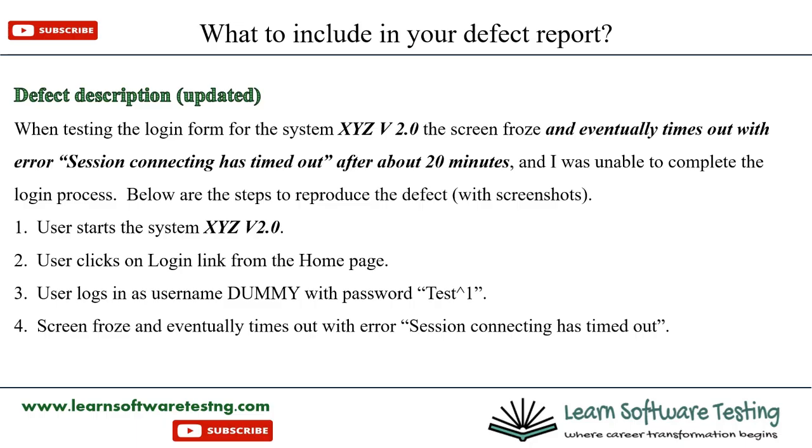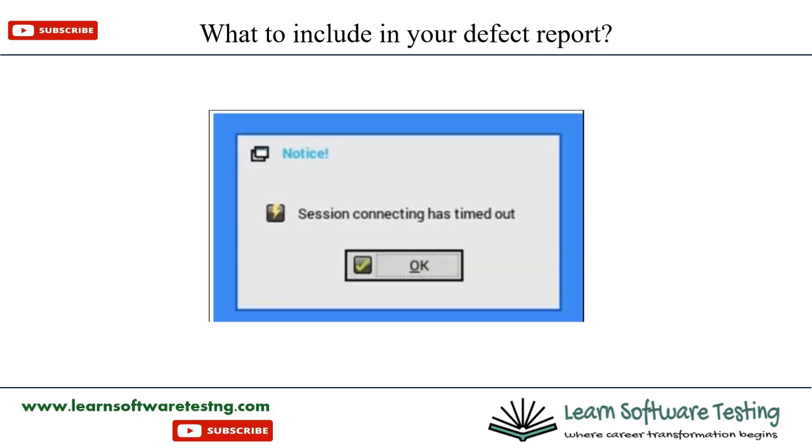Then step 3, user logs in with username dummy and password test !1. Then the screen froze and eventually turned into the error, session connection has timed out. And if you go on to the next page, you'd see the screenshot of the error.